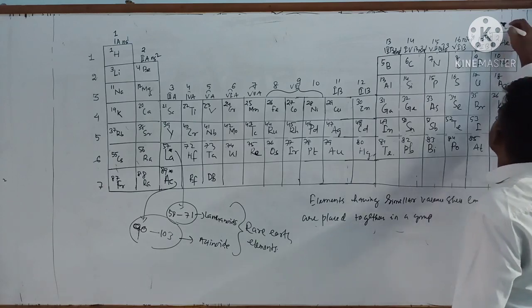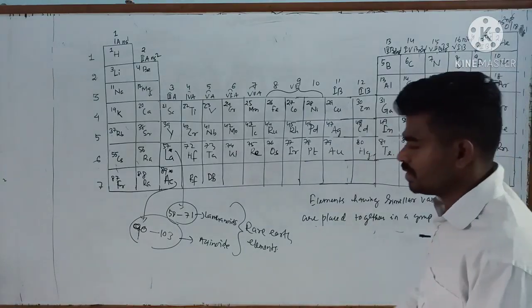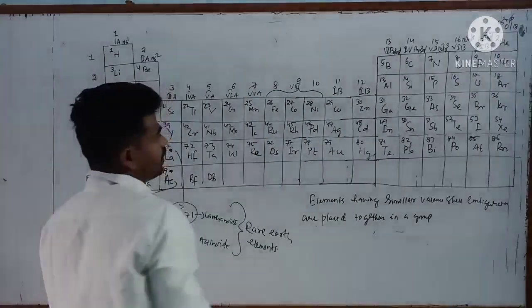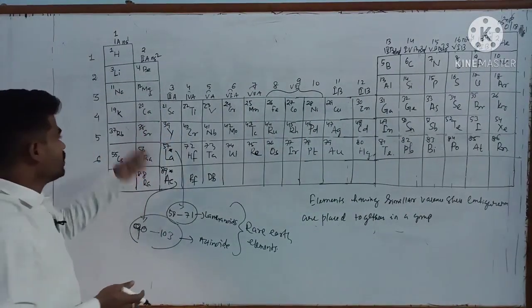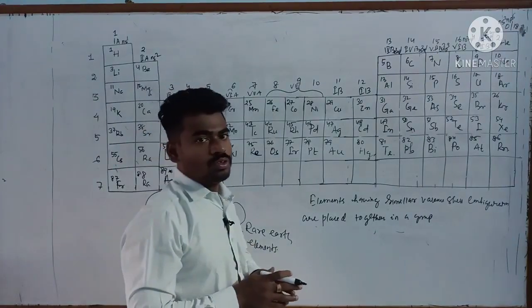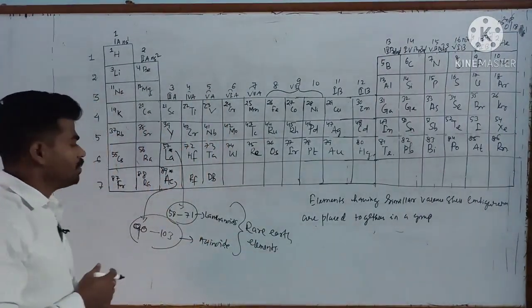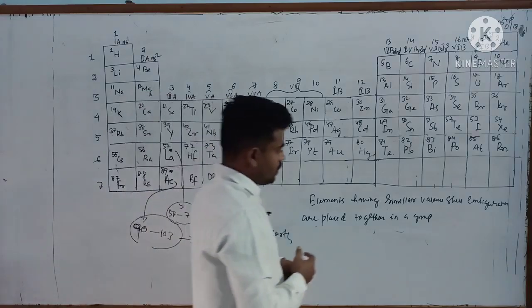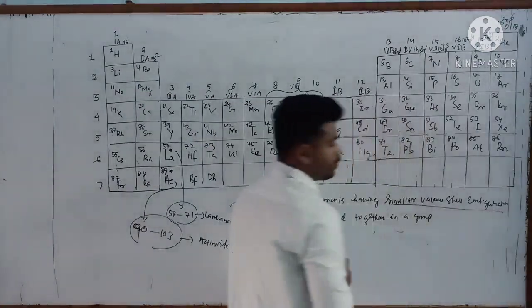Okay, group 18 elements, ns2 np6. The general valence configuration remains the same, that's why these are put in a particular group. So the grouping has been made upon the similar valence configuration.